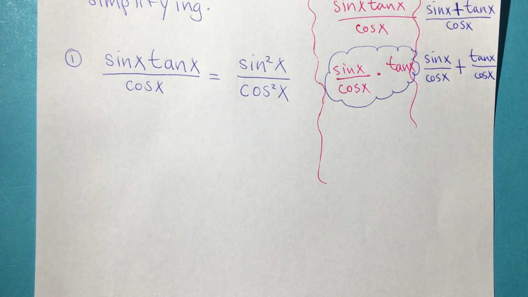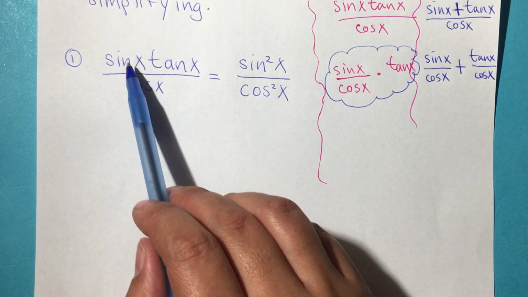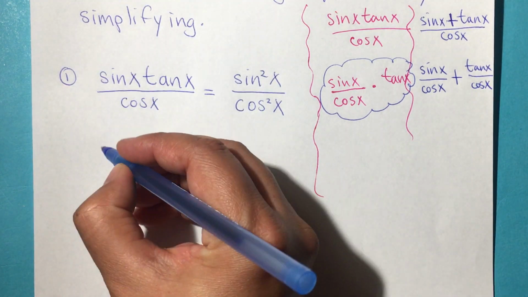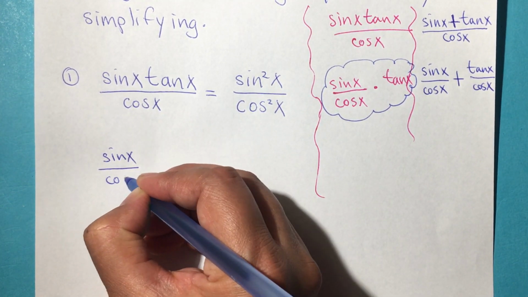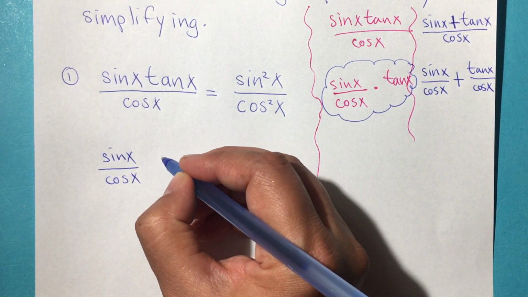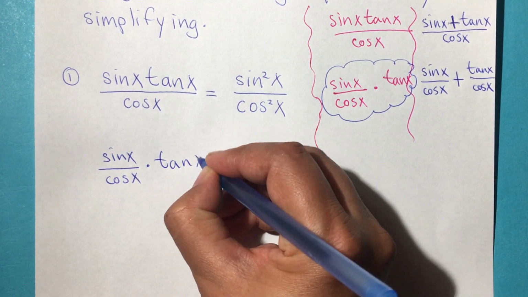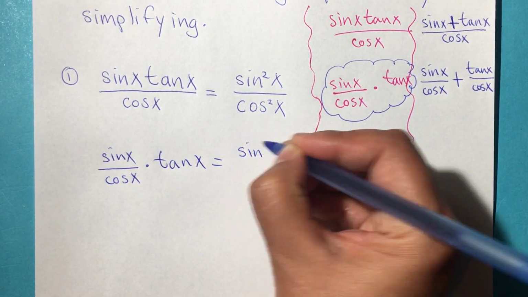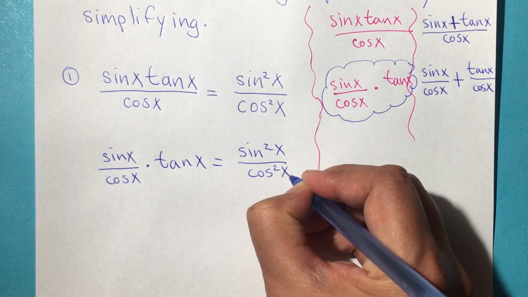Okay, so knowing that information, I'm going to separate this, leaving the cosine with the sine. I'm going to rewrite this as sine of x over cosine of x times, if there is nothing in there, tangent of x, which equals sine square of x divided by cosine square of x.